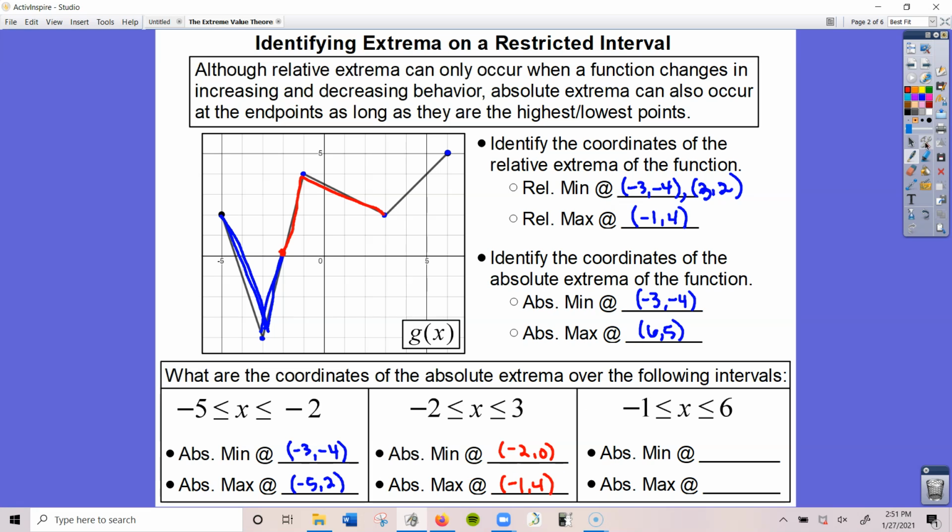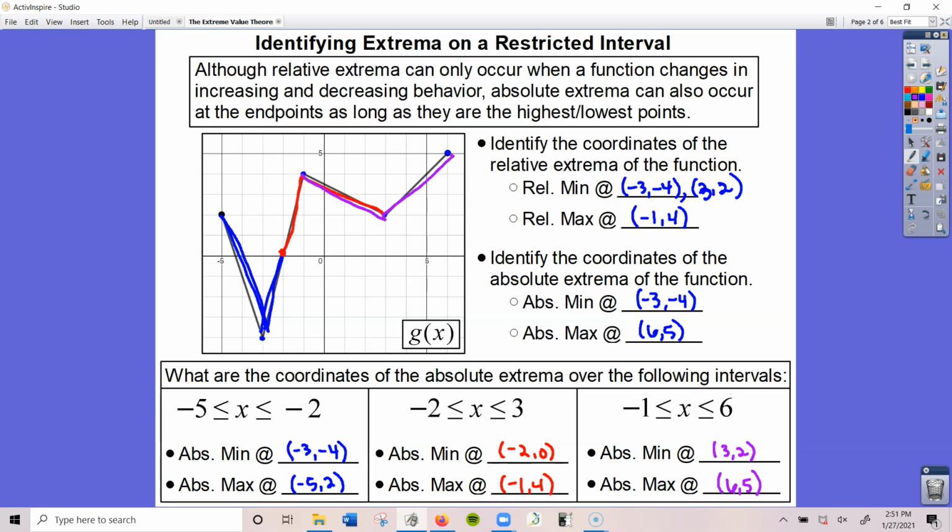For the last one, we are looking over the interval from -1 to 6. The absolute minimum of that section would be at (3, 2), and then the absolute maximum at (6, 5). The one thing I want you to take away from this is that your absolute extrema can change on the same function if the interval changes.